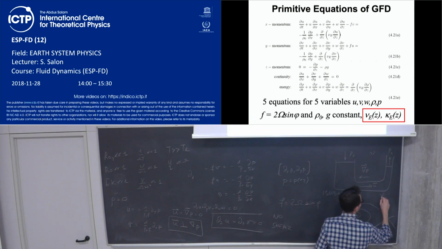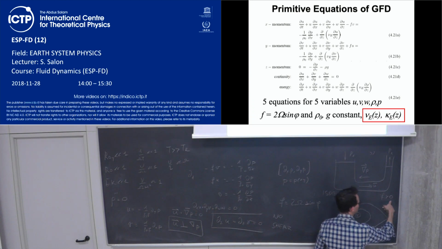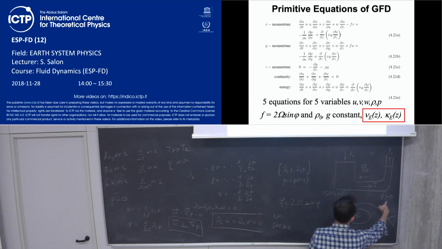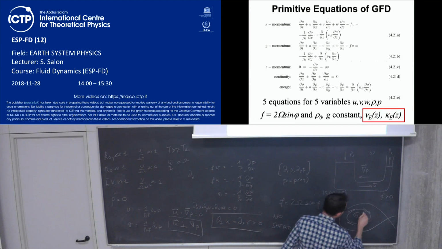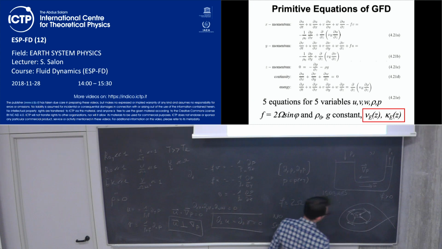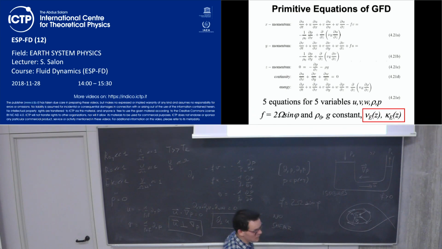So if we are in the northern hemisphere, okay, so when f is positive, we will have that U will be always perpendicular to the pressure gradient, which is always pointing towards the center of the high pressure.